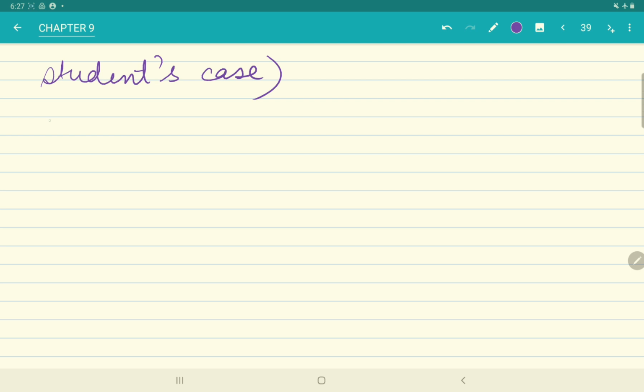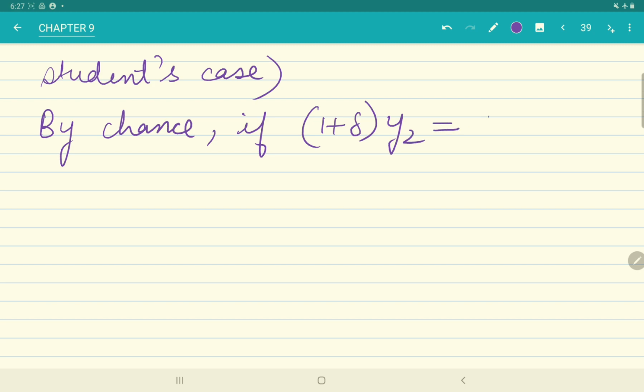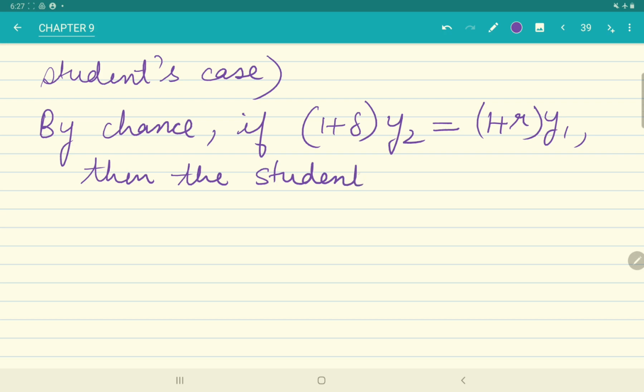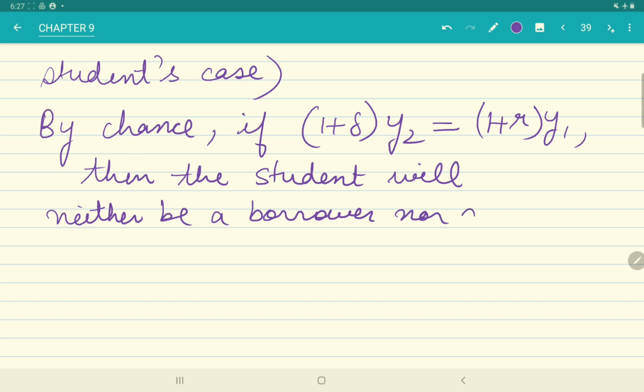Also, I can then write, by chance, if 1 plus delta y2 is equal to 1 plus r y1, then the student will neither be a borrower nor a lender.